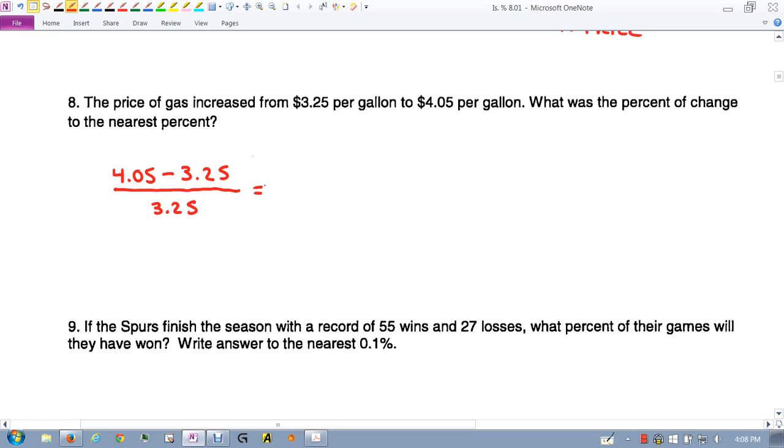Do the subtraction up top first. That's what that big division bar means. You have to do all of that up top first before you divide. 0.8 over 3.25. 0.246, which is 24.6% increase.